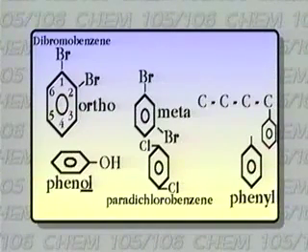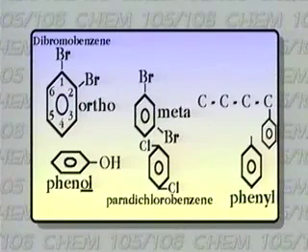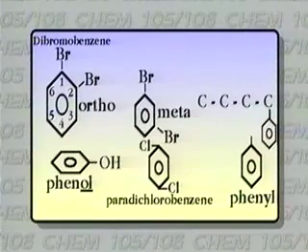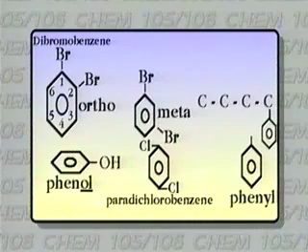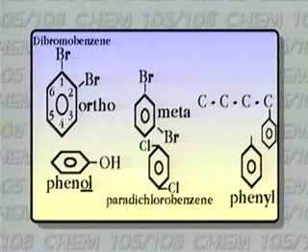So the phen means this benzene structure, and then the OL means the alcohol. Actually, we pronounce it phenol, but it's phenyl from that particular benzene and then the alcohol. All right? So this is an example of an aromatic alcohol in this particular case.